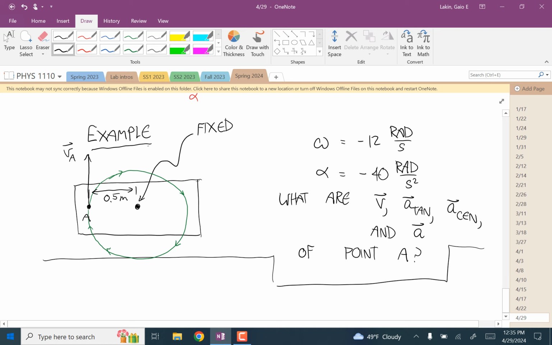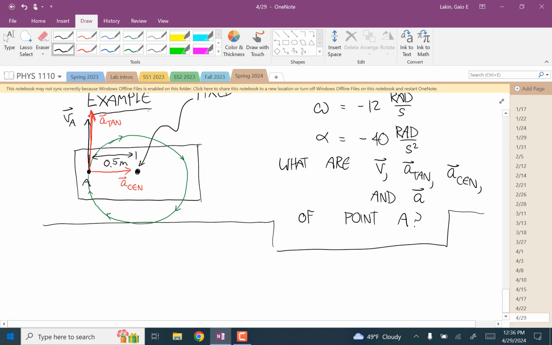The angular acceleration is also in the same direction. It's speeding up, that means. And so the tangential acceleration has to be in the same direction as the velocity, so it's this way. What direction is the centripetal acceleration at that point? Toward the center, yep. And so now we can just start filling this stuff out. Just little by little, we're just working through what we know.